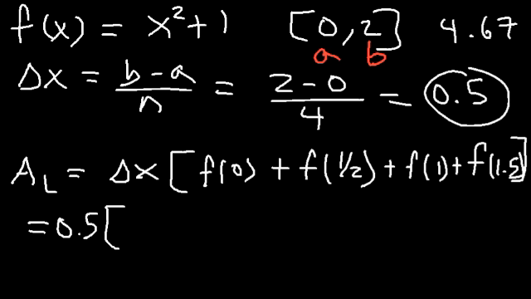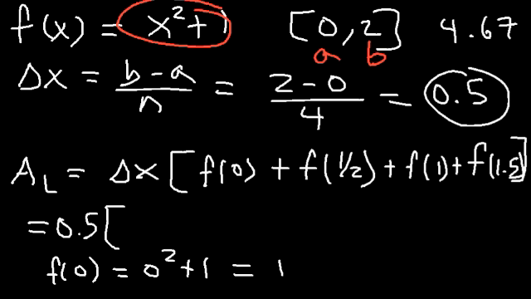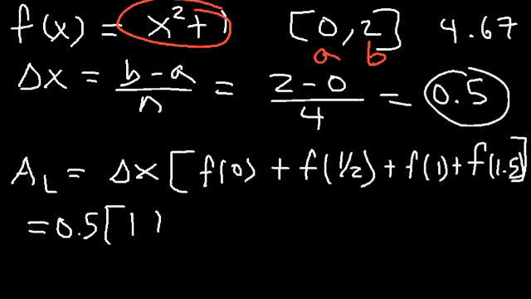Now, if we plug in 0 into this function, f of 0 is going to be 0 squared plus 1, which is 1. Now, what about f of 0.5? I'm going to use the calculator for this part. So 0.5 squared plus 1 is 1.25.